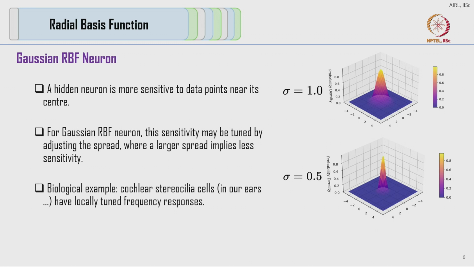The width plays an important role. It is very sensitive to how the spread is going to be. A larger spread means lesser sensitivity; a smaller spread means higher sensitivity. Biologically, this is how particular cells are tuned to a specific frequency, right? That is how we see it here.